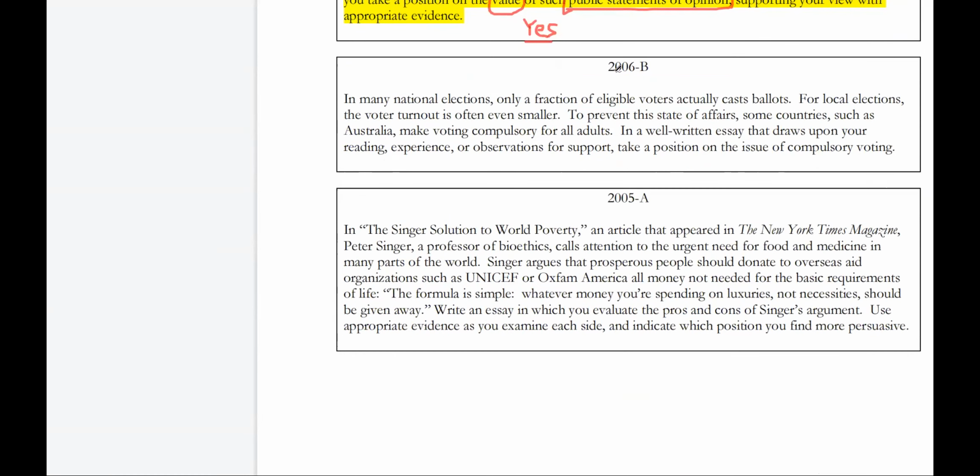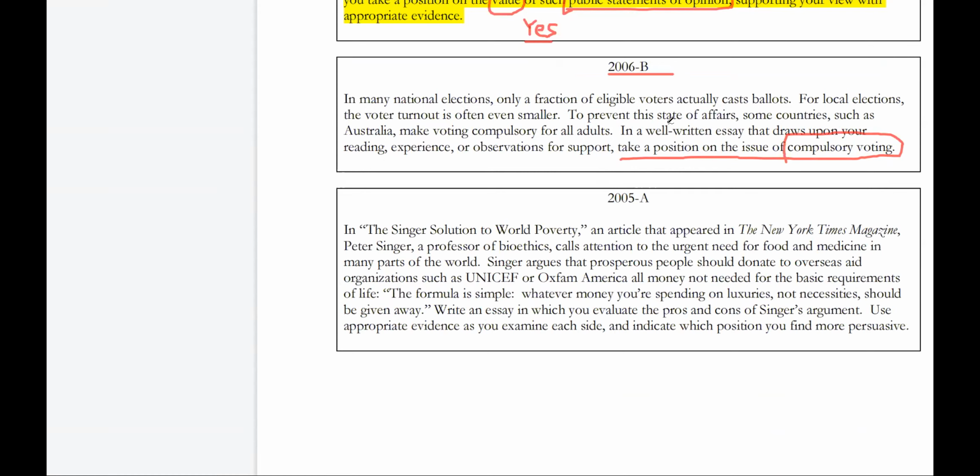Okay, how about 2006 Form B? Our job is to take a position on the issue of compulsory voting. In many national elections, only a fraction of eligible voters actually cast ballots, so the voter turnout tends to be low. For local elections, it is often even smaller.